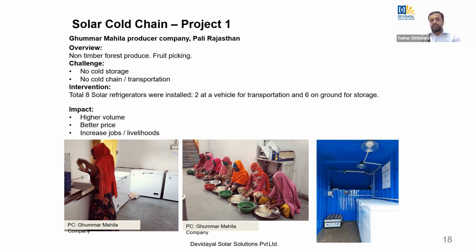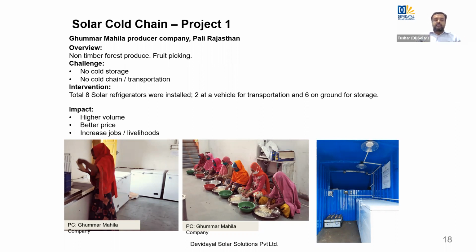We wanted to do it in a vulnerable community, and we wanted to make sure that it had a farm to fork focus. Now, one of the communities or value chains that we chose was a tribal community in Rajasthan that was picking fruit from the forest. This was a non-timber forest produce.